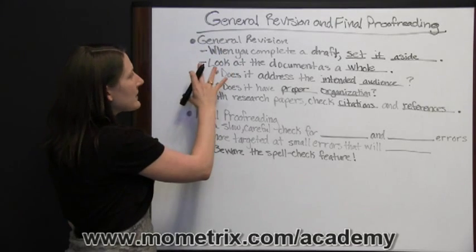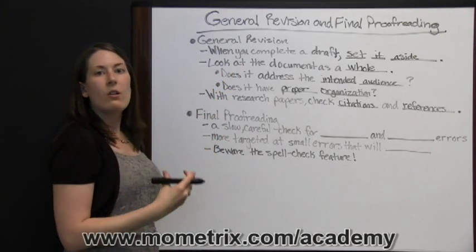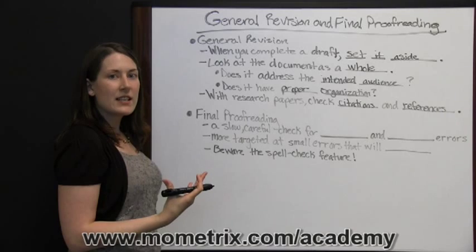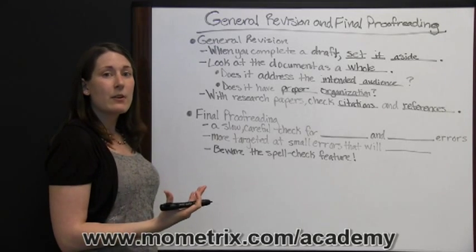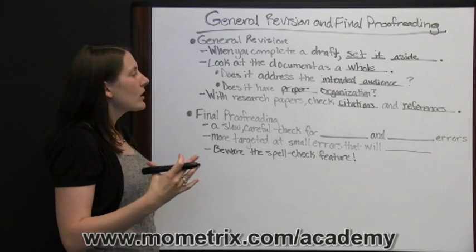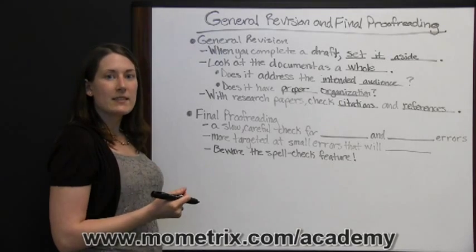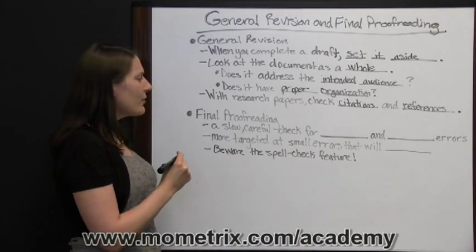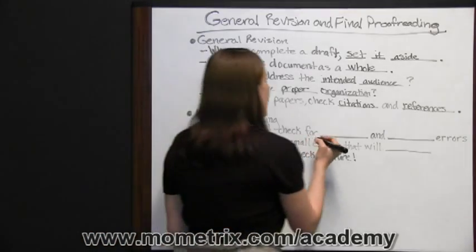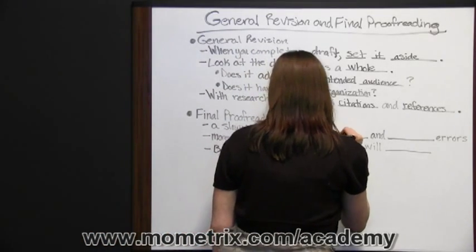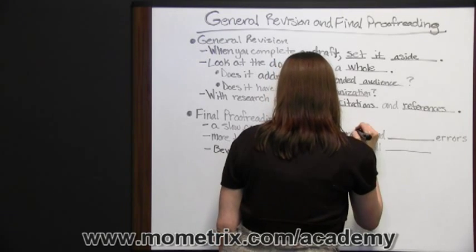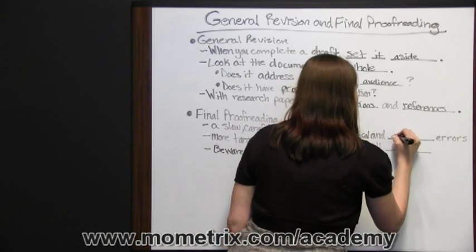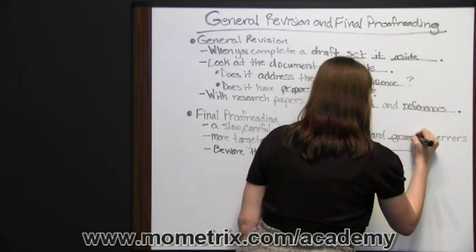So this phase was about looking at the draft as a whole, making sure it was addressing the topics and audience it was supposed to, and that it's in an organizational pattern that makes sense. Final proofreading is different. It's a slow, careful check for typographical and grammatical errors.